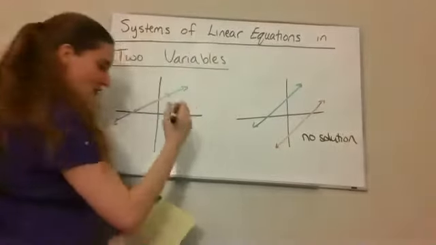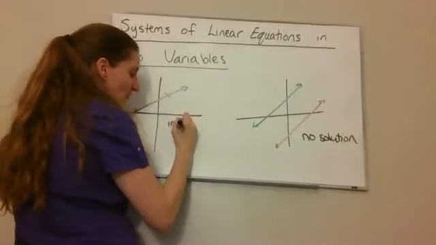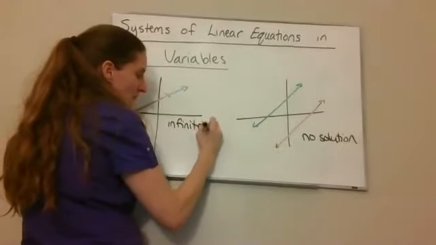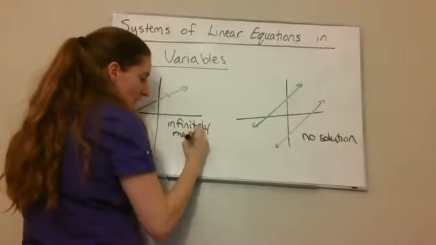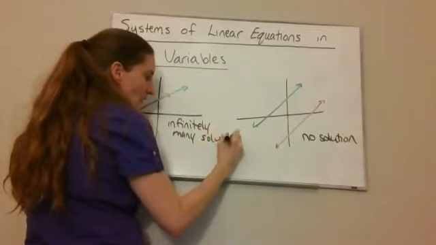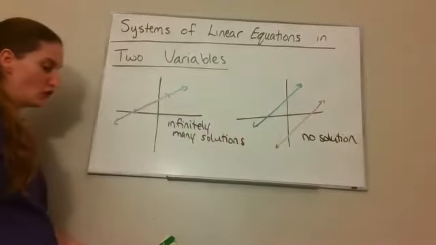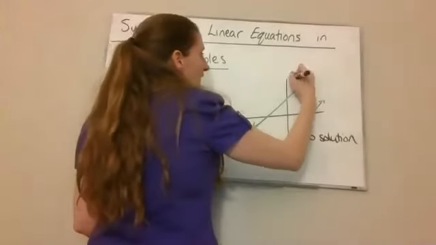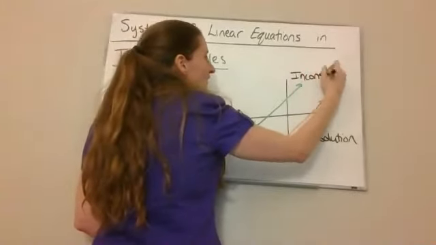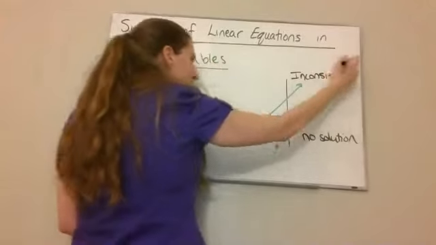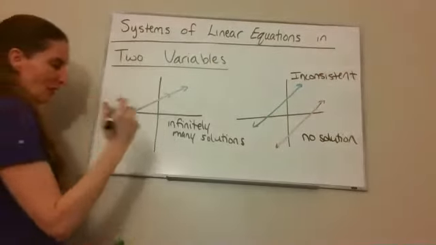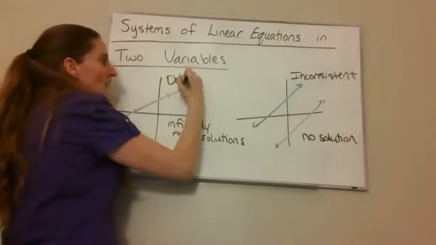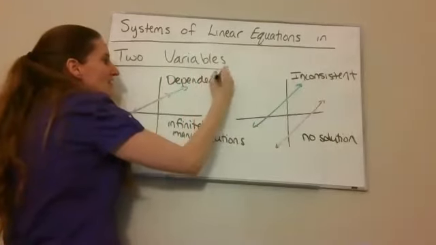In this case, you would have infinitely many solutions. When you have no solution to the problem, like over here, we say that this system is inconsistent. And when you have infinitely many solutions, the system is dependent.